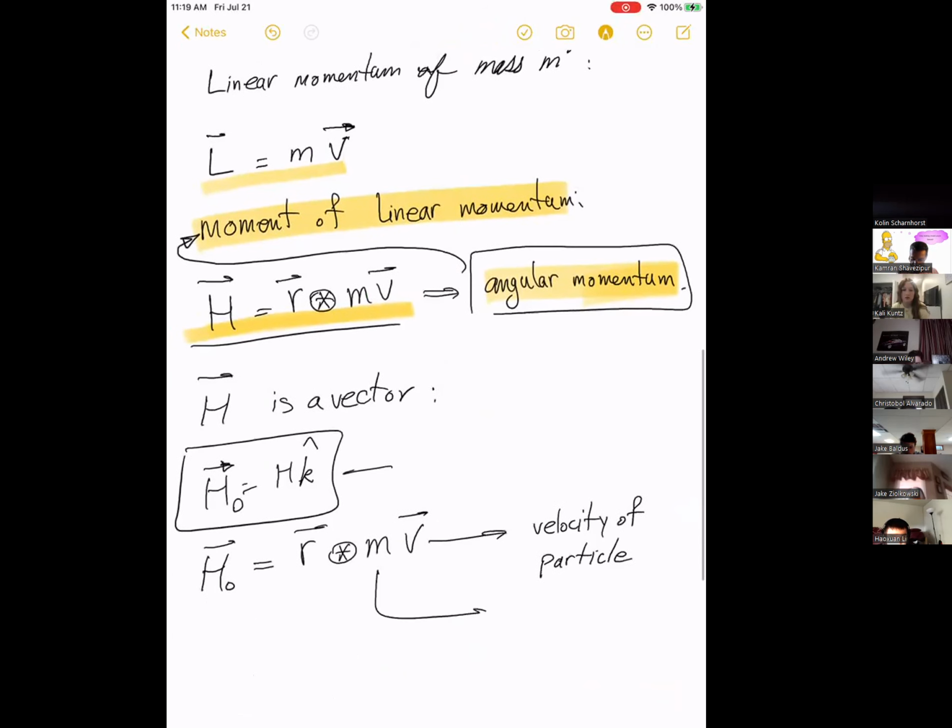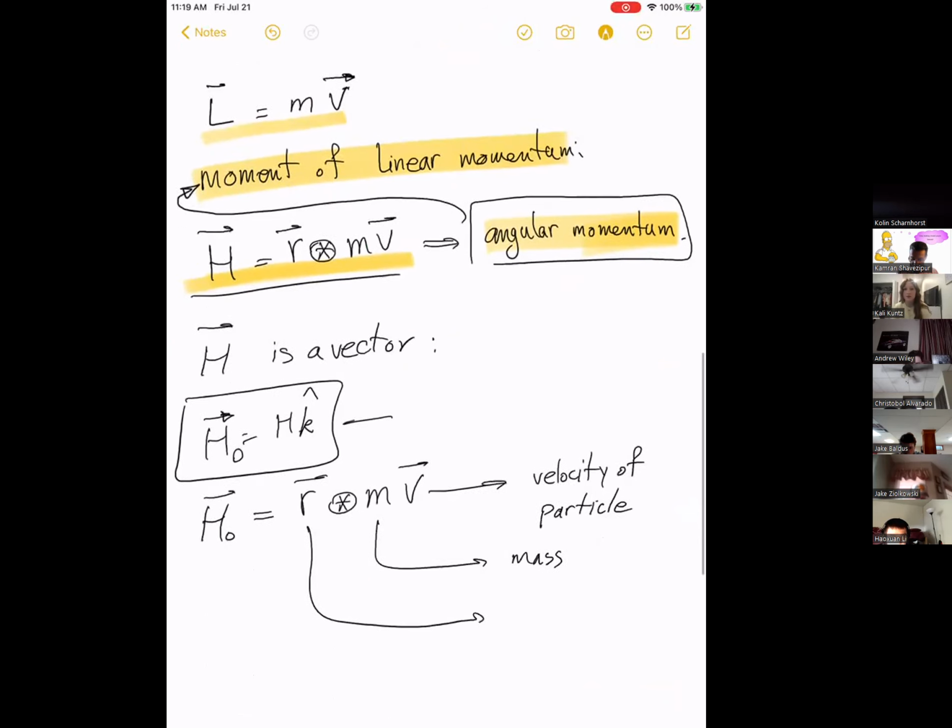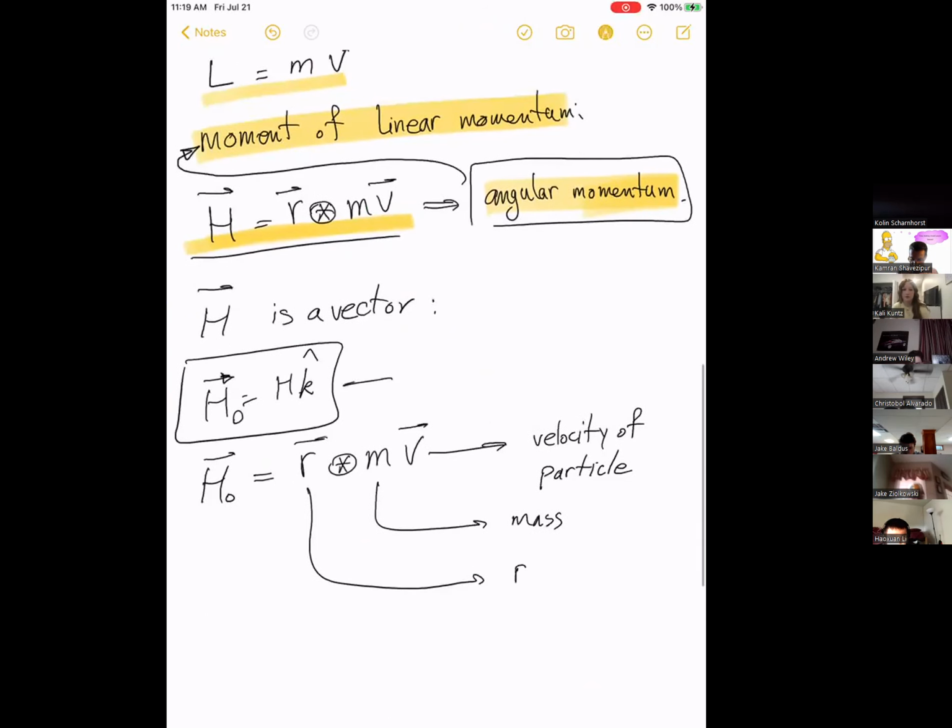This is the mass, obviously, and this is the position vector of the particle. Okay.